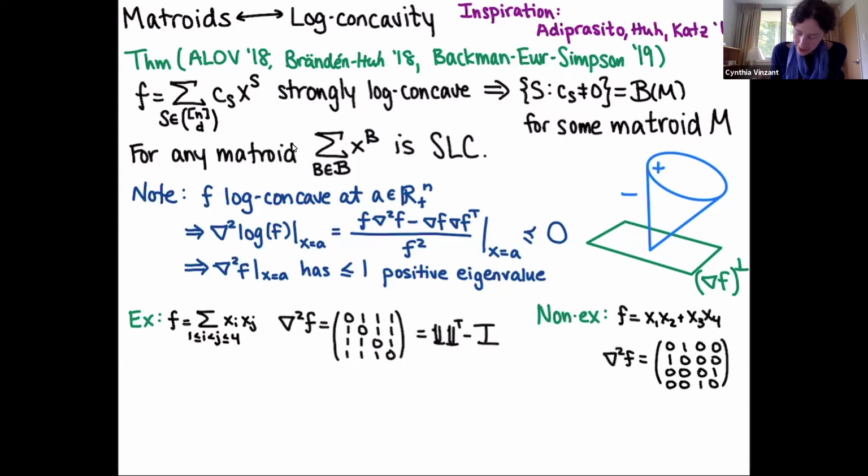If we were to take the polynomial corresponding to the non-matroid that I gave you, I get a block diagonal matrix with little 2 by 2 blocks. And so in particular, it's going to have 2 positive and 2 negative eigenvalues. So that's out.